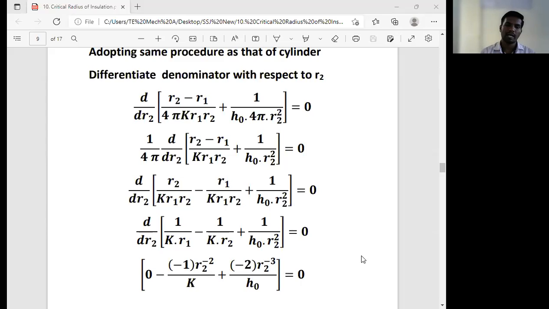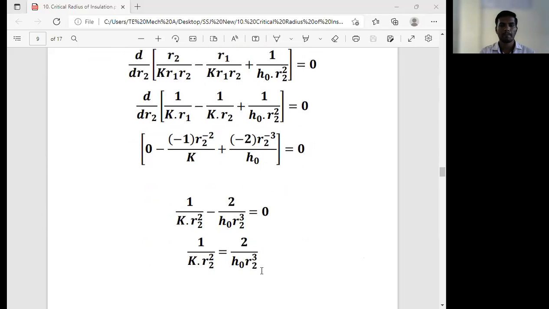Okay, minus minus will cancel, R2 square and R2 cube, so R2 square will cancel and only R will remain. So 1 upon K into R2 square minus 2 upon HO into R2 cube is equal to 0.